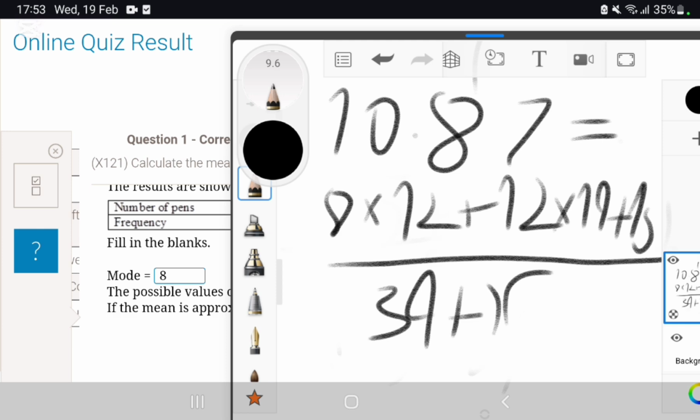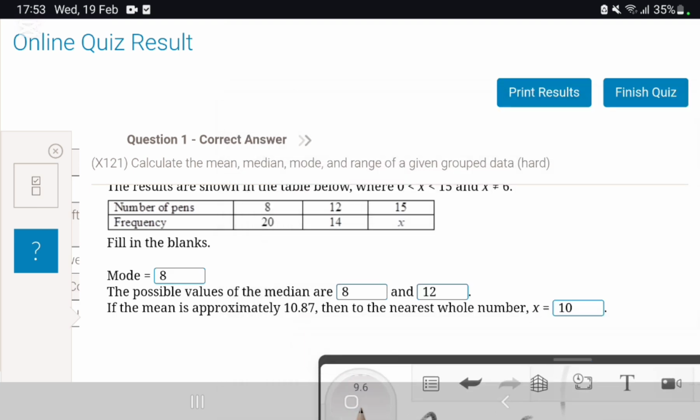Now if we do that on the calculator, 10.87 is equal to 8 times 12 plus 12 times 14 plus 15x over 34 plus x. That will give us 10.06, and that is literally 10.